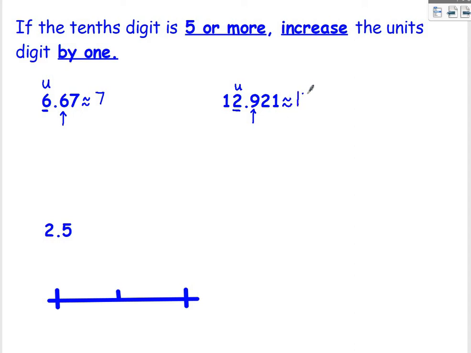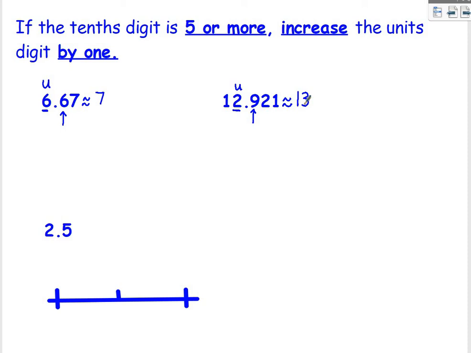So it's approximately equal to 13. 12.921 is closer to 13 than it would be to 12. Remember, halfway in between 12 and 13 is 12.5, and 12.921 is more than that, so it's closer to 13.